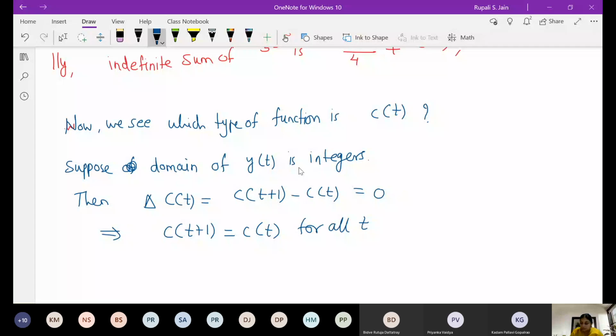Now t is an integer, so t can be 1, 2, 3, and you can take minus 1, minus 2.